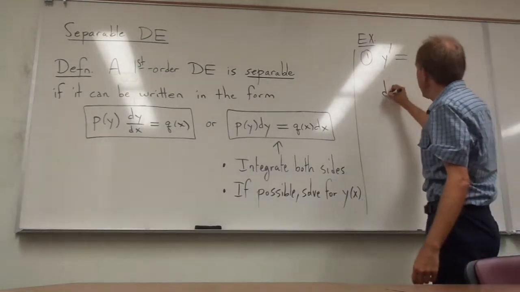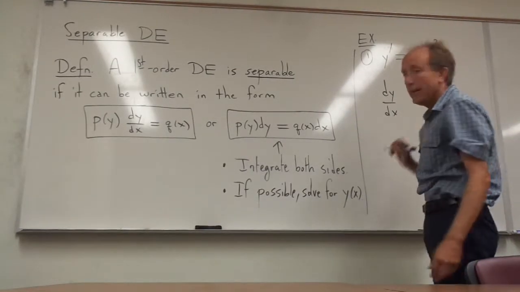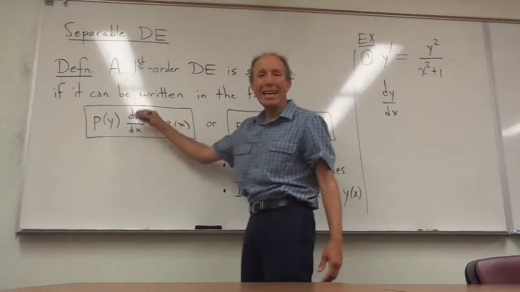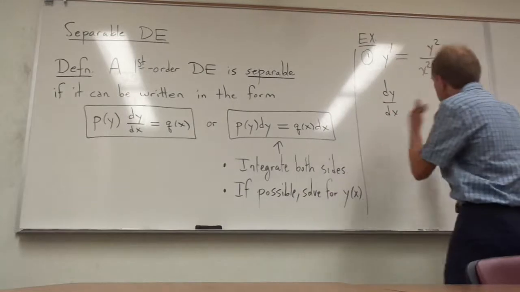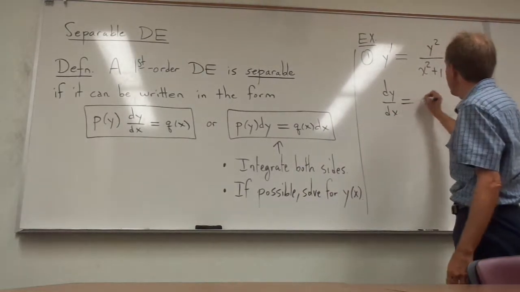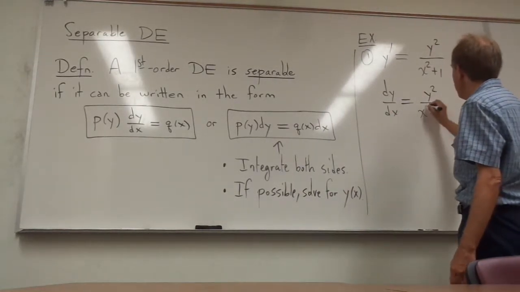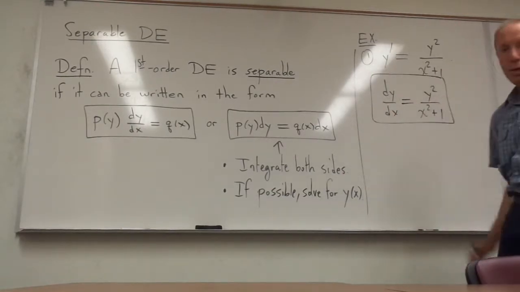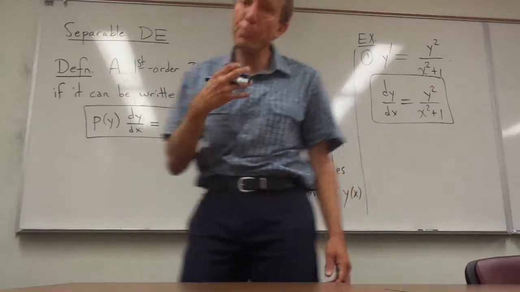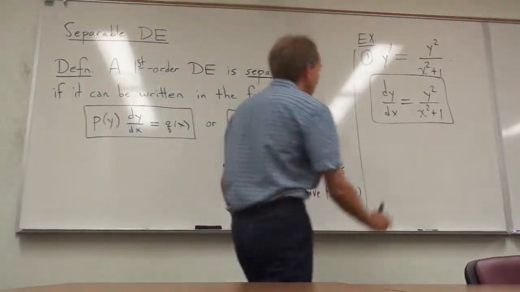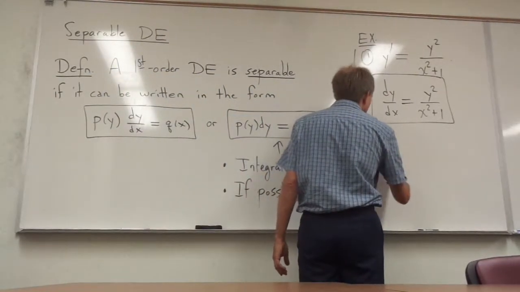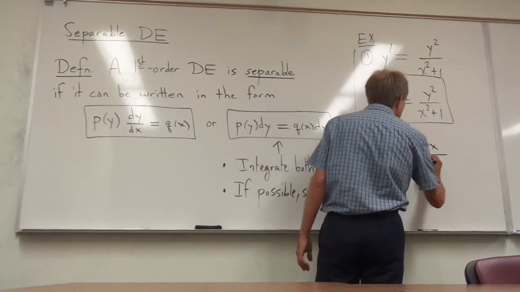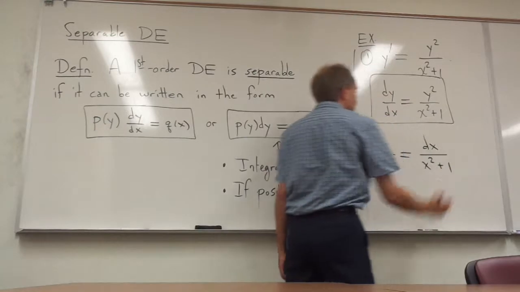To help myself out with this, it's sometimes a good idea to rewrite the prime notation of derivatives using the dy dx, just because you're going to be splitting those differentials onto opposite sides of the equation anyway. So if I do that, it would look like this. So here's my differential equation, and in this case, it's pretty easy to separate it, right? All I have to do is pull the y squared underneath the dy and put the dx up on top of the x squared plus 1.